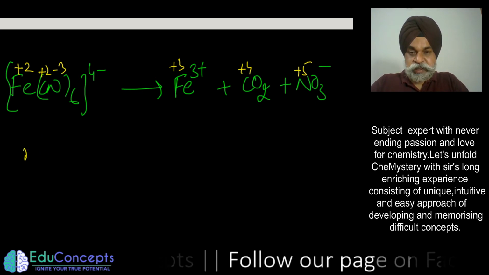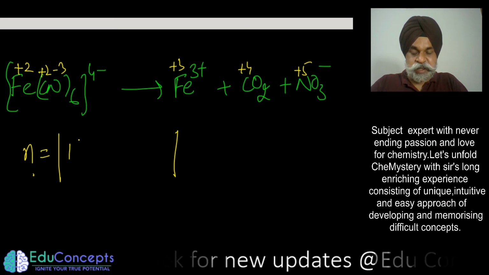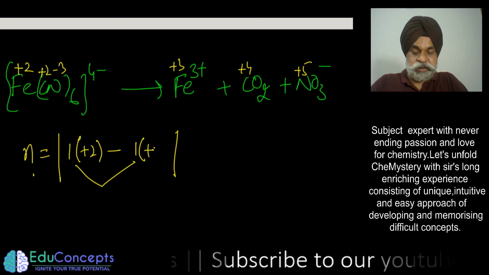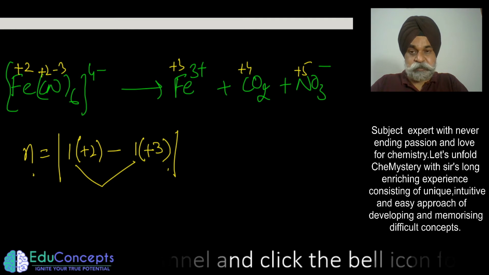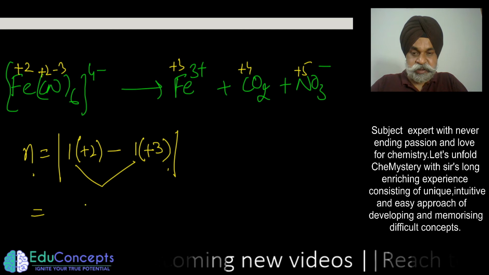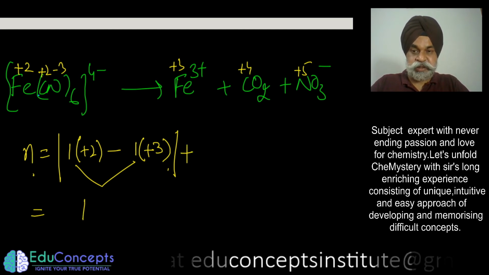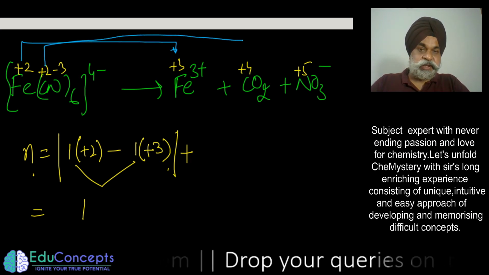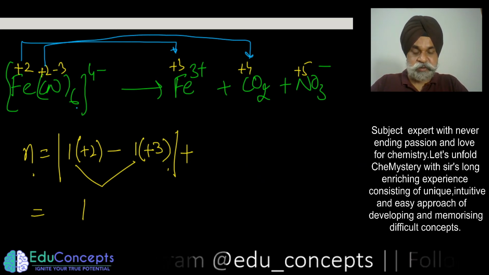As I said, to find the n factor, take a mod. First, there is one iron which is in plus 2, and that iron is going to plus 3, and you have to take a mod. So per mole one iron atom is there, the oxidation state changes like this, and this n factor comes out to be 1. Now why I am adding this: because this carbon is also changing its oxidation state, going to carbon plus 4, undergoing oxidation.